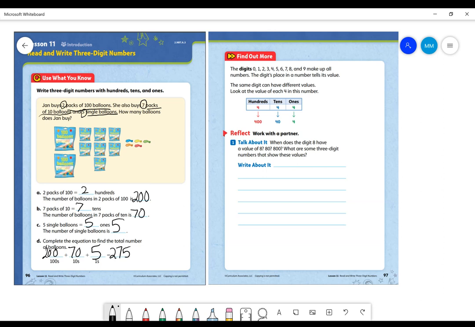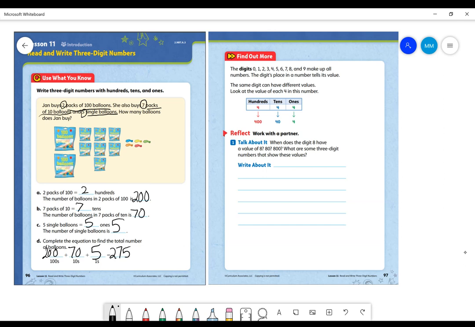On page 97, it says the digits 0, 1, 2, 3, 4, 5, 6, 7, 8, and 9 make up all numbers. The digits placed in a number tell its value. The same digit can have different values. Look at the value of each 4 in this number.